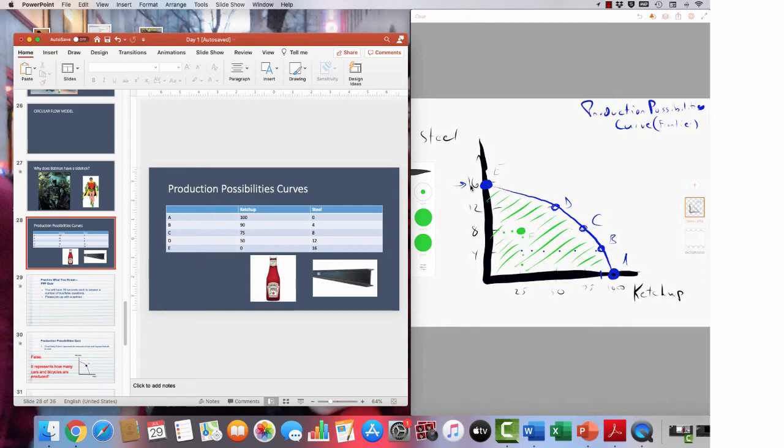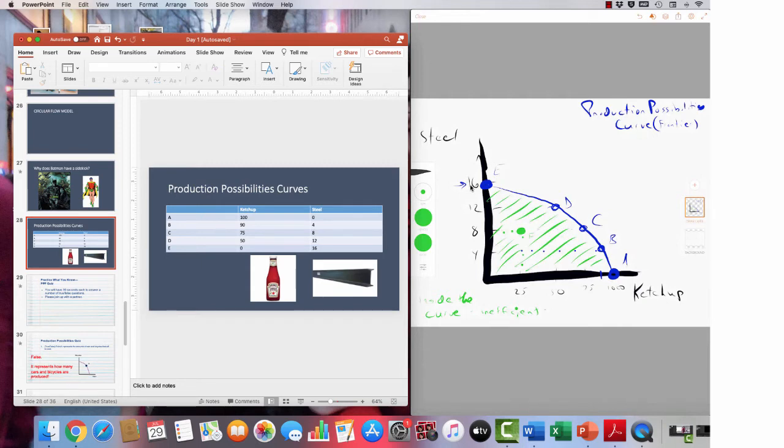Being on the curve is better. So inside the curve is something you can produce, but it's what we call inefficient. Because you have the ability, you have the resources to produce more. You just aren't.